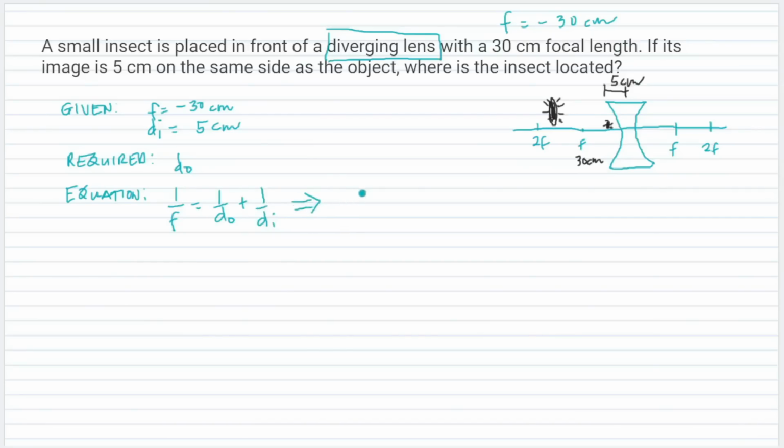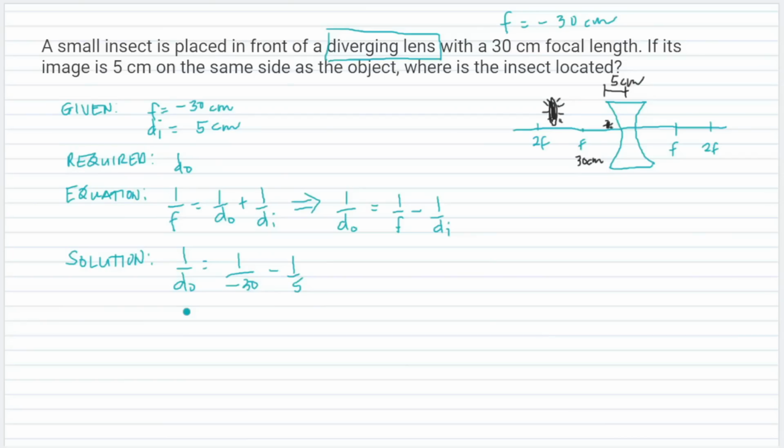So solving for 1 over DO, we have 1 over DO is equal to 1 over F minus 1 over DI. Then we have to substitute the values into our equation.